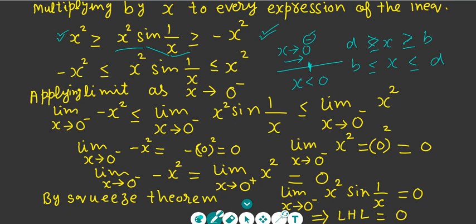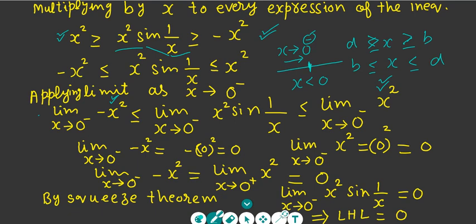We take this limit and find the limits of the smaller and greater functions. This is the smaller function, this is the greater function. The limit of the smaller function, minus x square, is equal to 0, and the limit of the greater function, x square, is also 0.